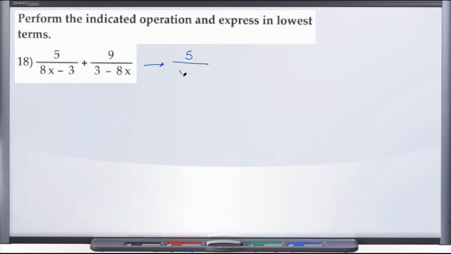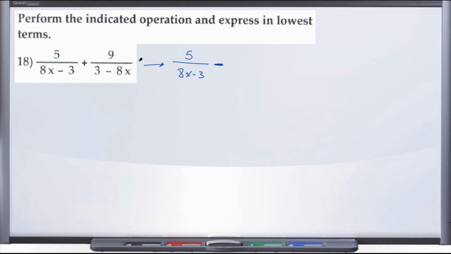So originally we have 8x minus 3. And if we want to get the signs of this second denominator to flip so that they match the signs of the first denominator, all we're going to do is change the sign in between. So we're going to go to a minus instead of a plus. And if this were a minus, then we would go to a plus.